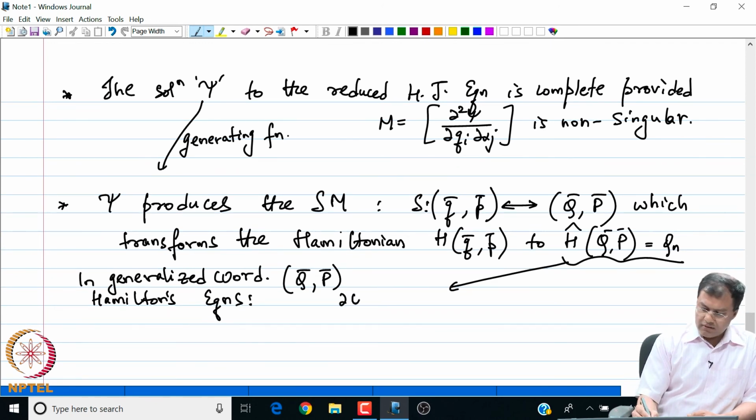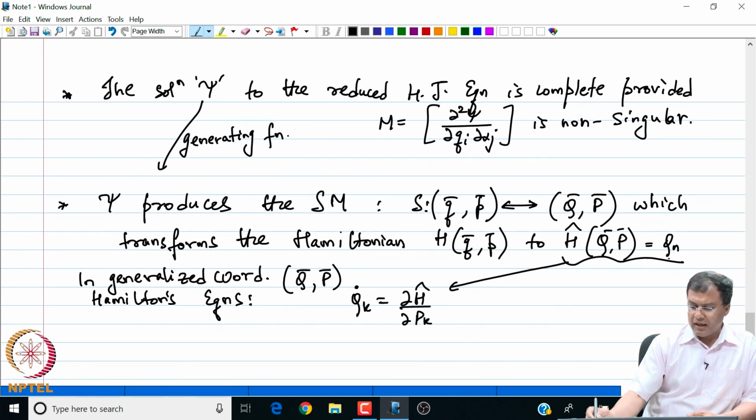I see that the first set of Hamilton's equation is qk dot is del h hat del pk, and note that pk dot will be 0 for all k except k equal to n, right.